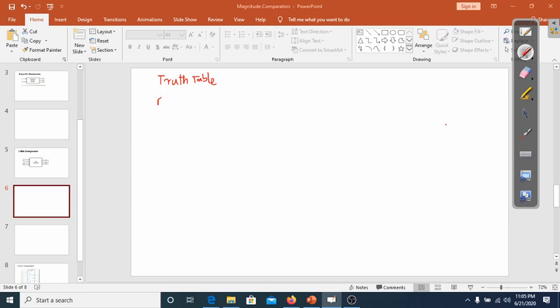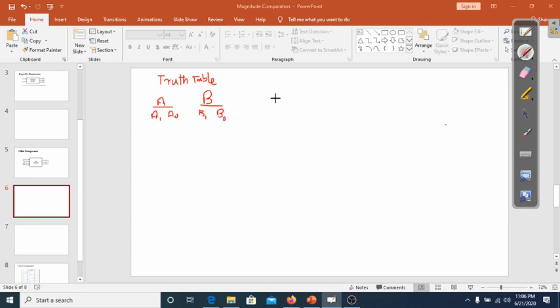So here the input A is 2 bits, with most significant bit A1 and least significant bit A0. Similarly, B is a 2-bit binary number with most significant bit B1 and least significant bit B0.